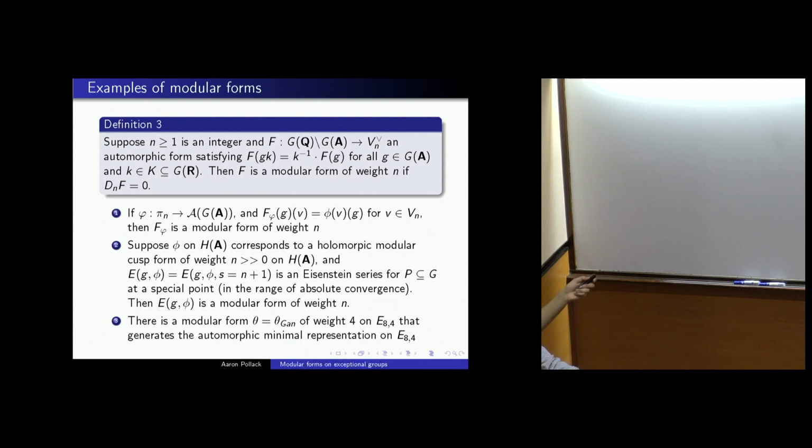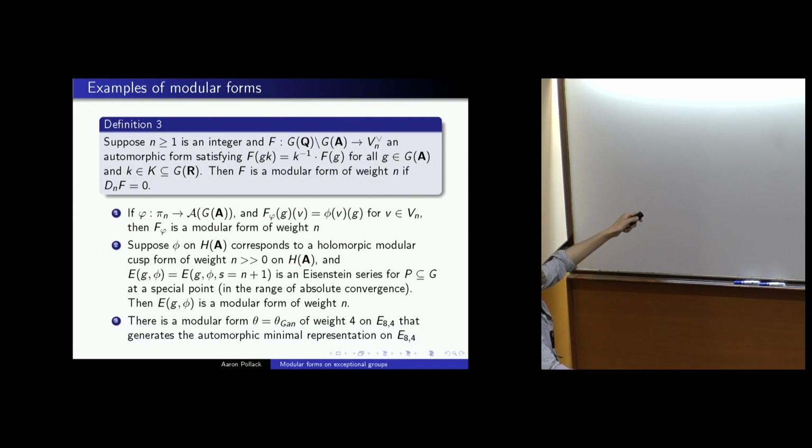Another example that I mentioned before: if you take a holomorphic modular form on the Levi subgroup of the Heisenberg parabolic, so for example on E8 again, or let's say on G2, then H here is GL2.